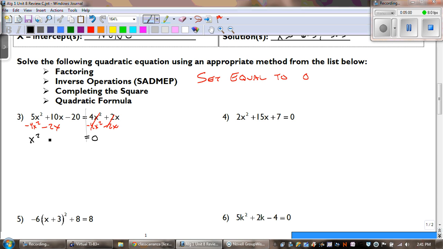And we get x squared plus 8x minus 20. And this one we're going to solve by factoring, okay? You can use the shortcut, and you're looking for numbers that multiply to get negative 20 and add to get 8.